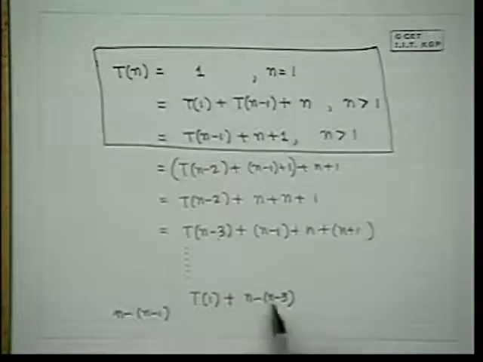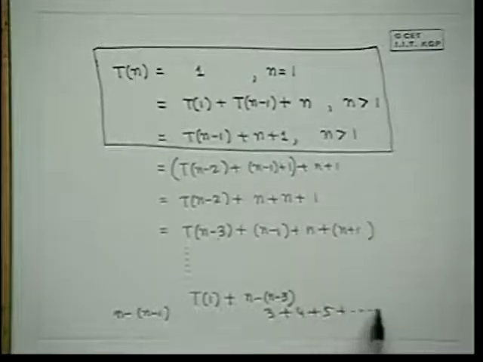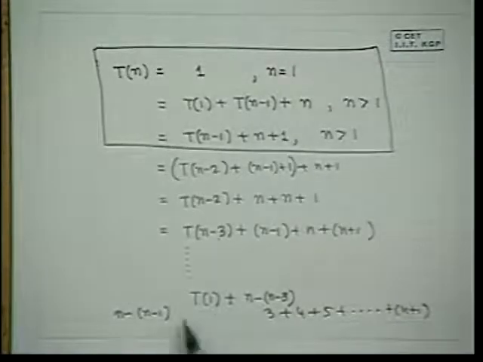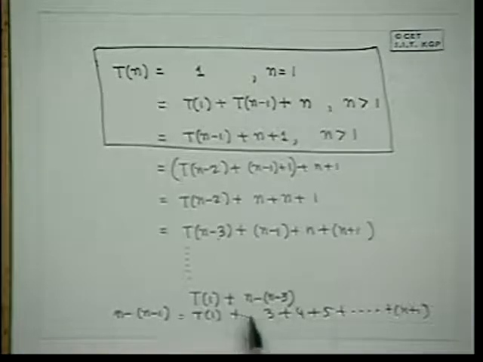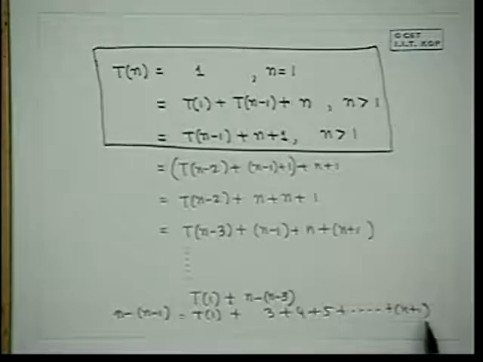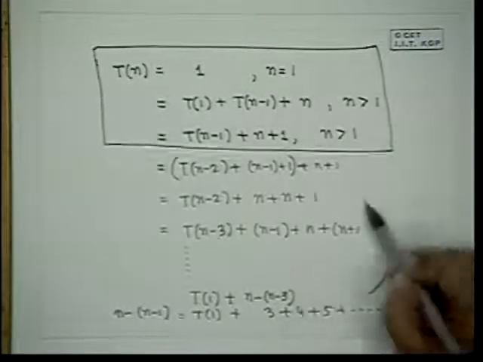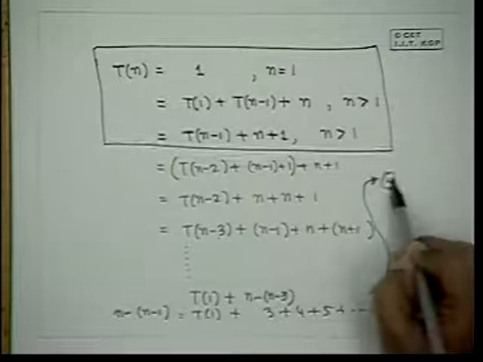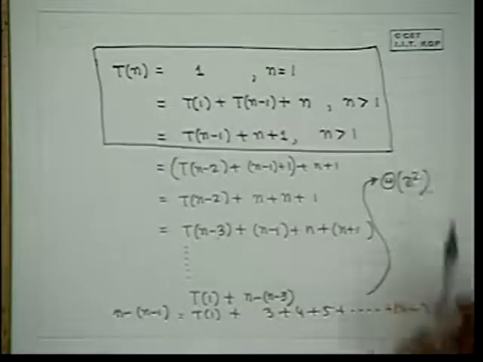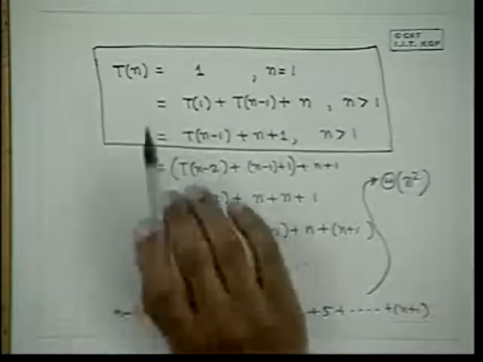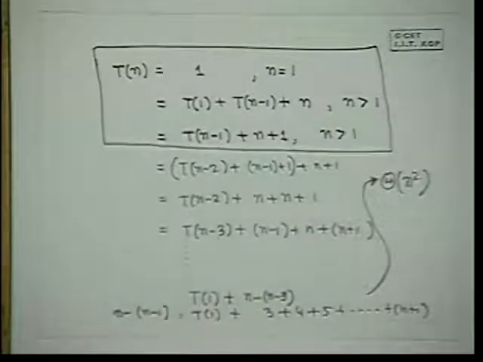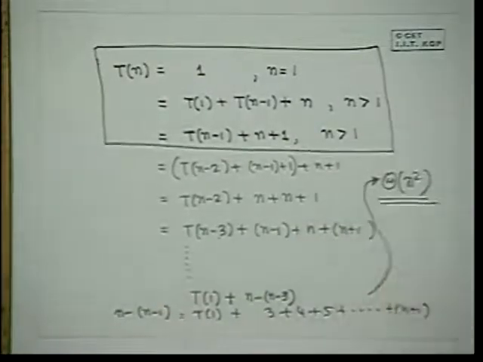So if this is n minus 1, this is n minus 3, which is the same as 3. So this will be T(1) plus 3 plus 4 plus 5 and so on, plus n plus 1. Now this is a series summation which will sum up to order n squared, right? So if you split up 1, n minus 1, 2, n minus 2, you are going to get an order n squared algorithm.